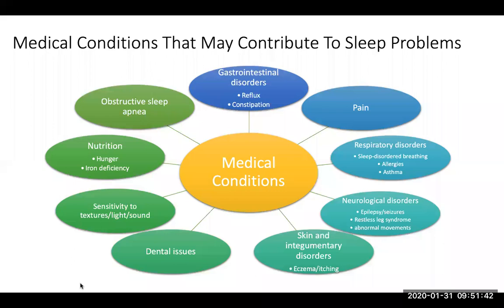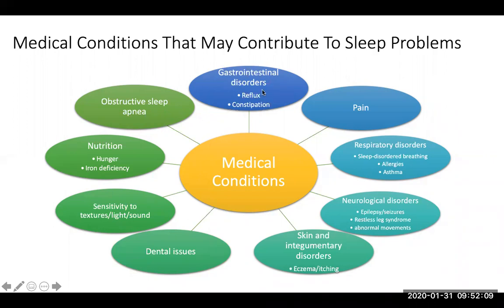So this is a busy slide, all the conditions that can contribute to sleep problems. And this is something we clinicians need to think about. There can be gastrointestinal disorders like reflux and constipation, pain. Something that I think is really important is for kids that are nonverbal, that cannot tell you what's going on, it's really important to think about this.